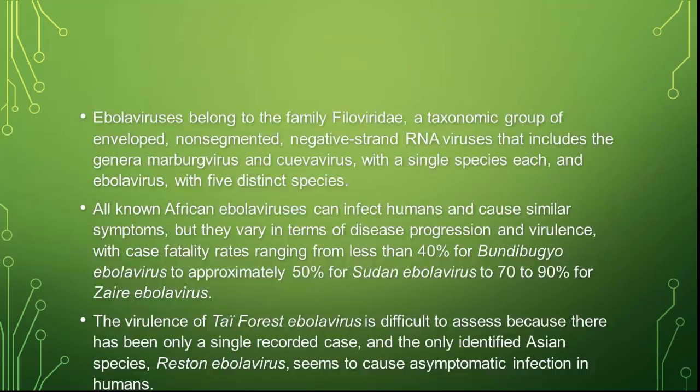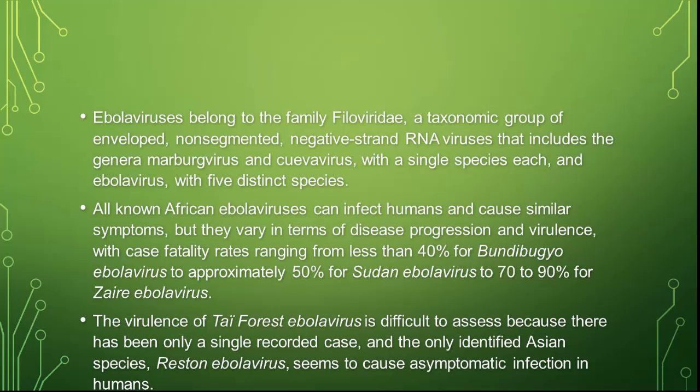They are enveloped, non-segmented, negative-strand RNA viruses. And like I mentioned, the family includes the Marburg virus and Cueva virus, with a single species each, and the Ebola virus has 5 distinct species.